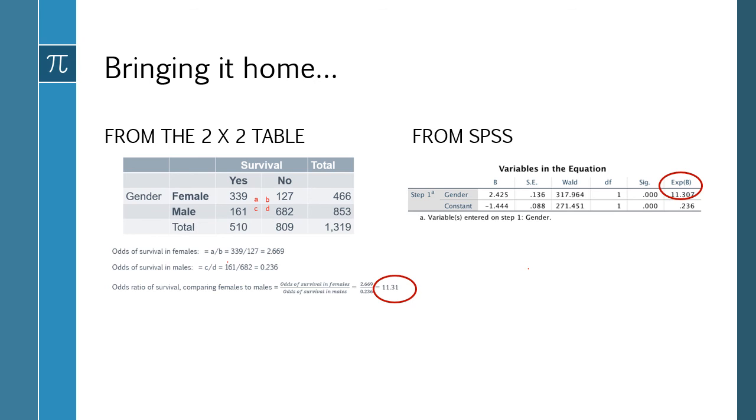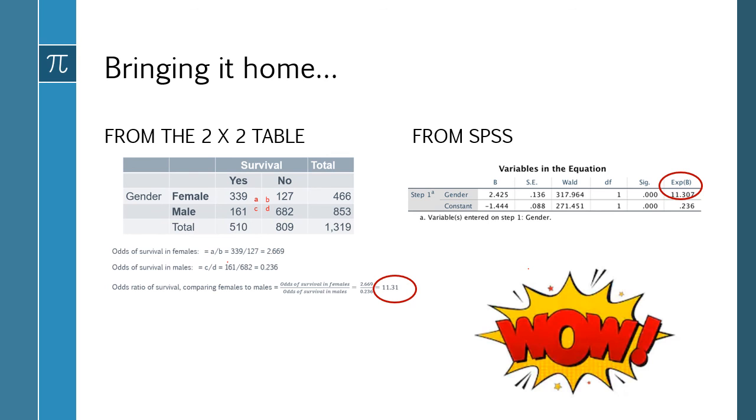So you can see how you get that number from a 2x2 table. And also we showed how the odds ratio gets you to exponential beta, exponential b, which is that same term now for gender. Wow, isn't that cool?